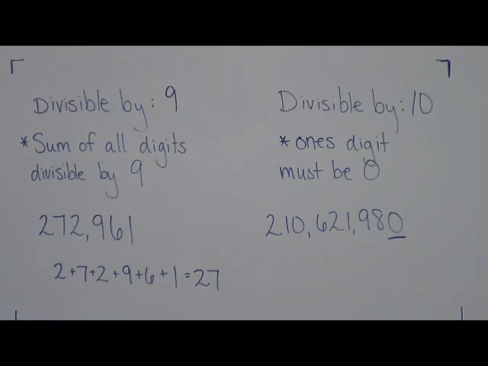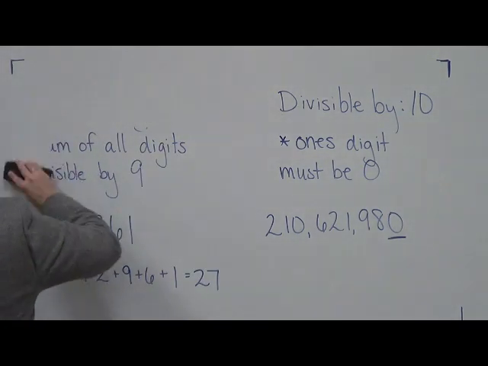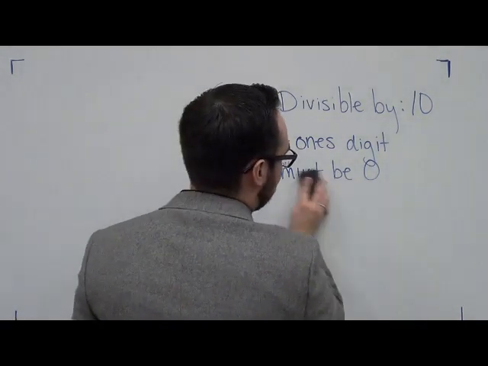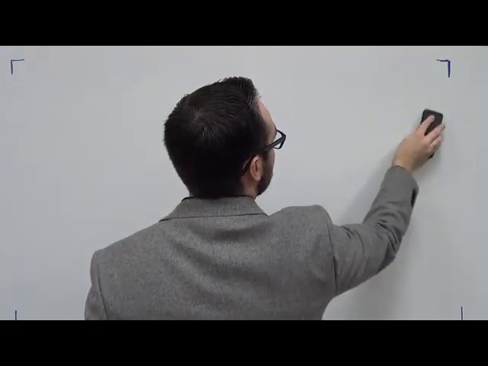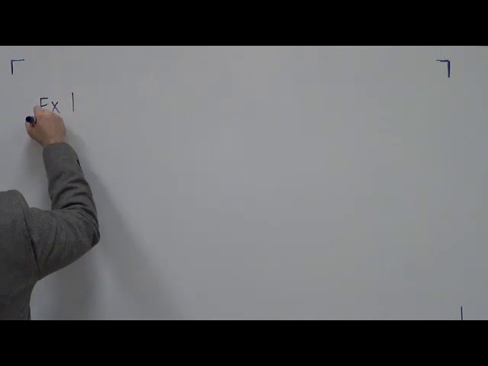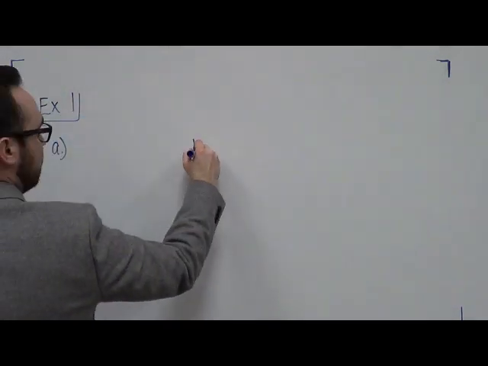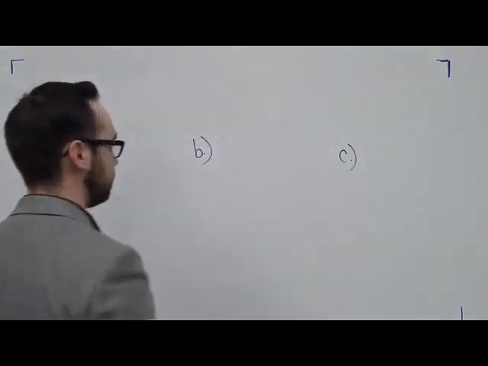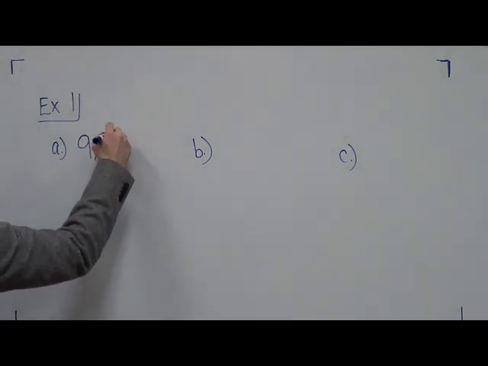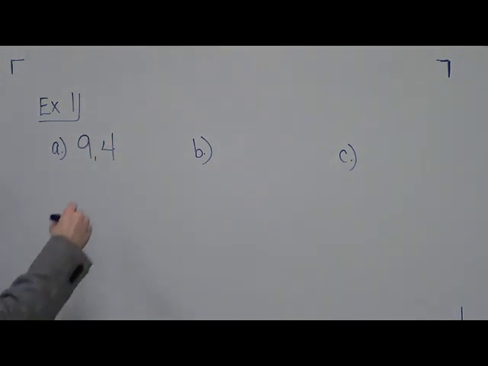Alright, so what I'm going to do, I'm just going to give you 3 numbers, and I want you to list all of the numbers that these numbers are divisible by. So you're going to go through each of these divisibility rules. So we'll call this example 1, A, B, and C. The first one is 9,423.